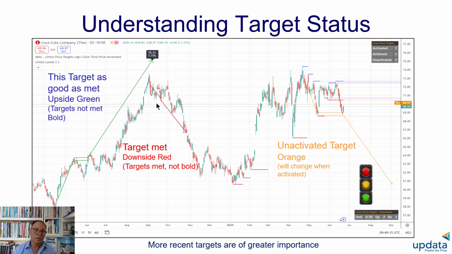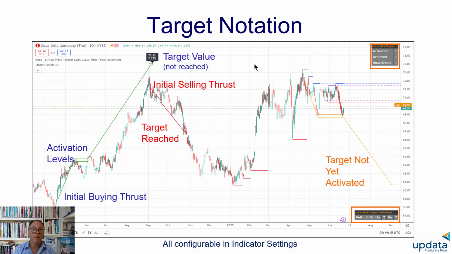And so the key thing is also that if a target is reached, then it's not bold, but if a target isn't yet reached, it's effectively still in bold. So that's a key factor. And we say here that the more recent targets are going to be the ones that are important, of course. That's a very important factor as well.